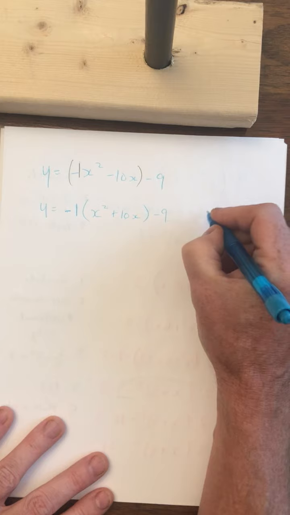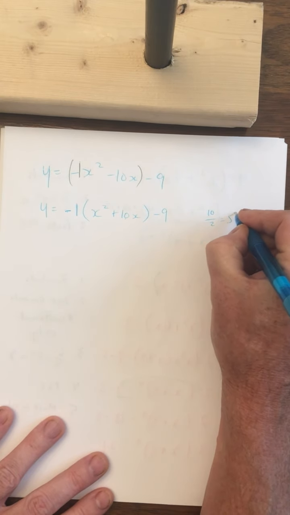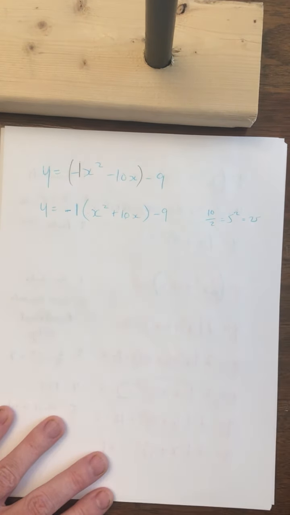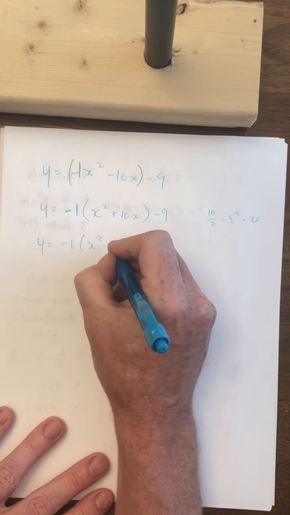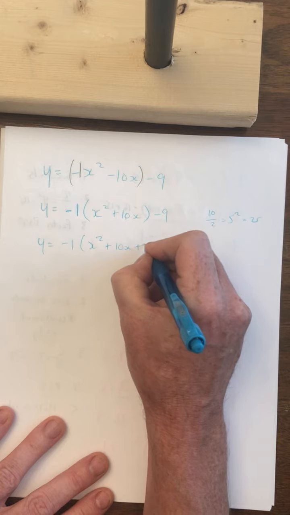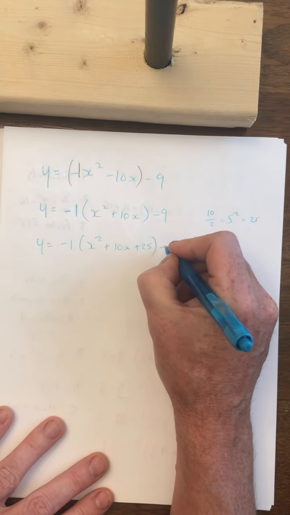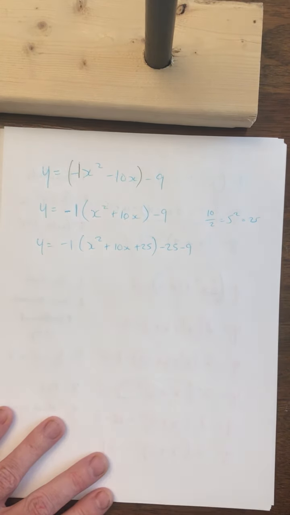Take our b value, which is 10, divide it by 2, which is 5, square it, and we get 25. So we get y equals -1 times x squared plus 10x plus 25, and then outside the brackets -25 minus 9.